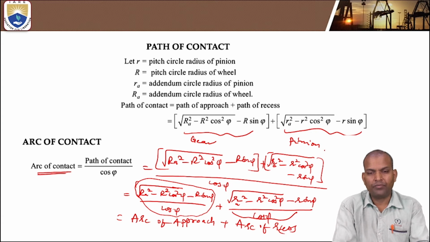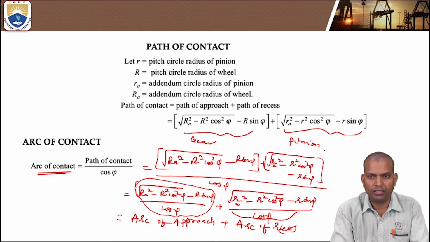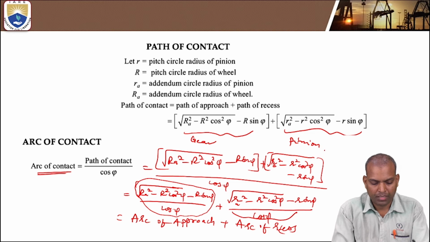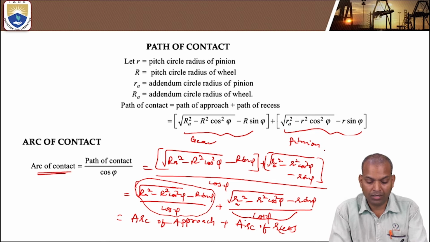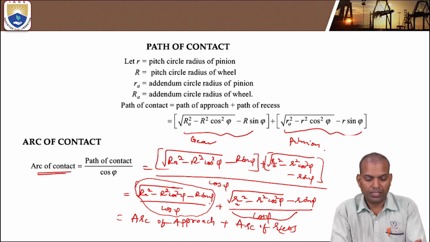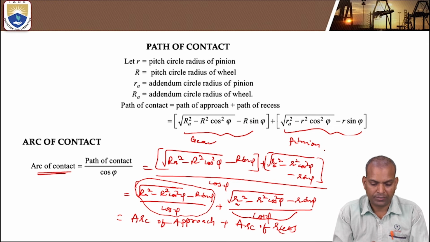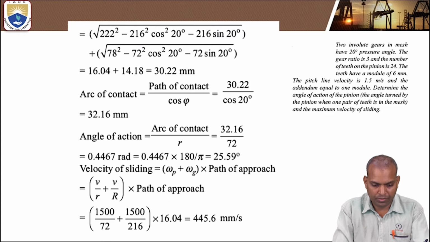So the arc of contact is the sum of arc of approach and arc of recess. Arc of approach we considered for the gear and arc of recess for the pinion. Then the sum is the total arc of contact. So let us solve some problems based on this.